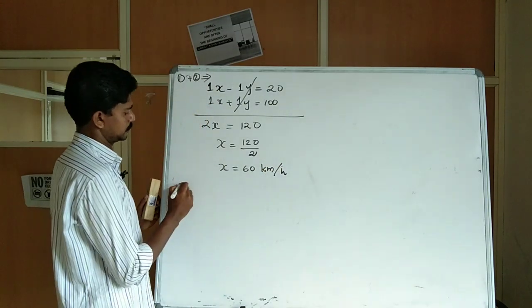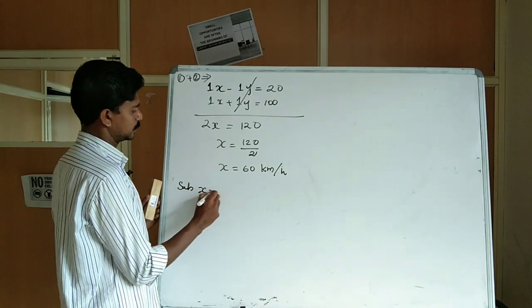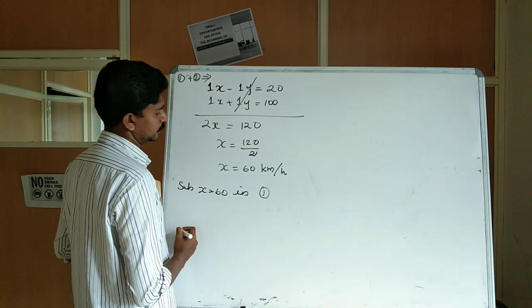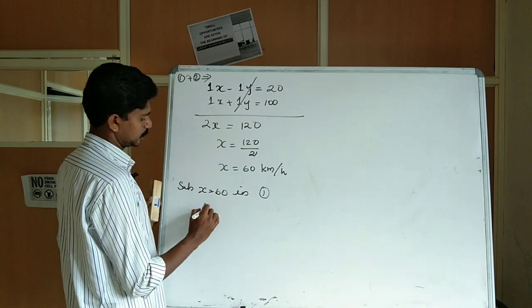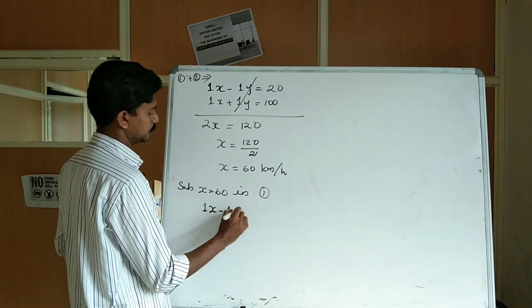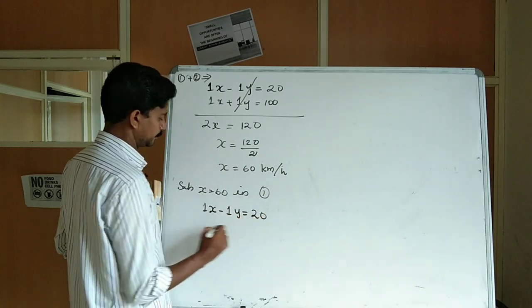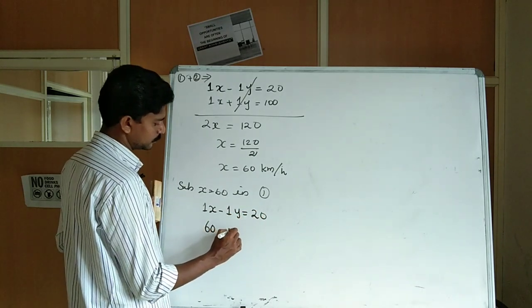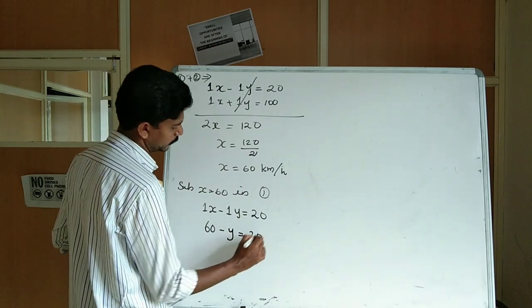We can substitute x is equal to 60 in any of the equations. Let us substitute in equation 1, which is 1x minus 1y is equal to 20. When you substitute the x value, we get 60 minus 1y is equal to 20.